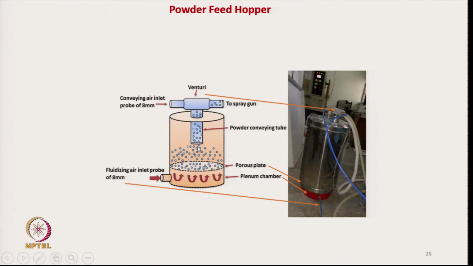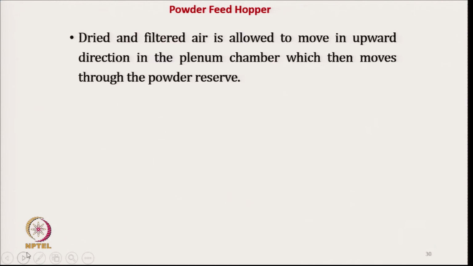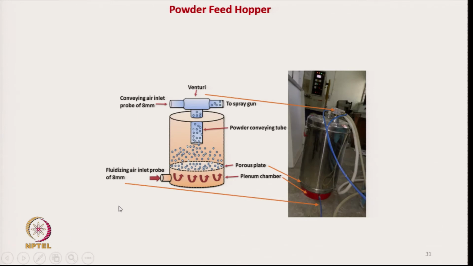Here we are placing dried and filtered air, which is allowed to move in the upward direction in the plenum chamber. This is the plenum chamber. The air should be dry, otherwise agglomeration of the powder will occur, and it will not get separated easily.